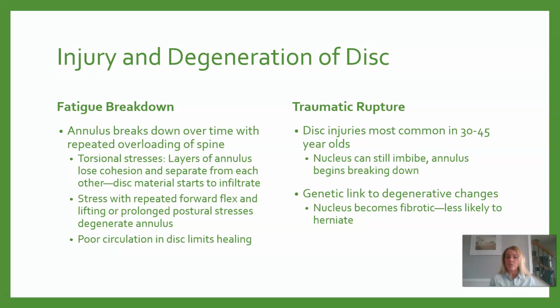So as we age, we don't expect to see discs herniate quite as much. So if there is a herniation in an older person, it's most likely that it's been there for quite some time. They believe that there is some genetic link to degenerative changes. So if mom or dad or grandparents have had a lot of spinal degeneration and problems, there is a possible genetic link with that.